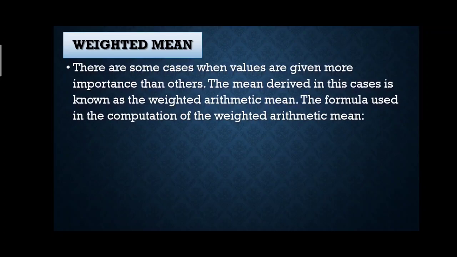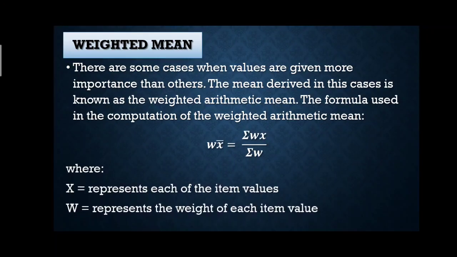The formula used in the computation of the weighted arithmetic mean: weighted mean is equal to summation of w times x, over summation of w, where x represents each of the item values, while w represents the weight of each item value.